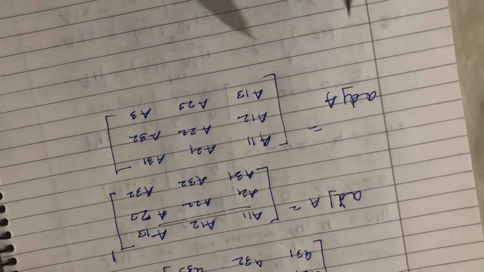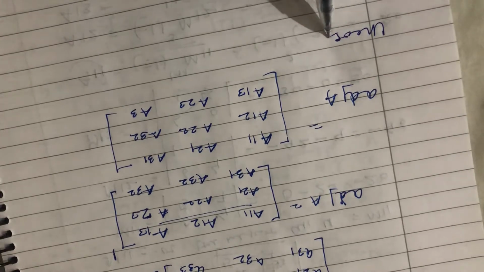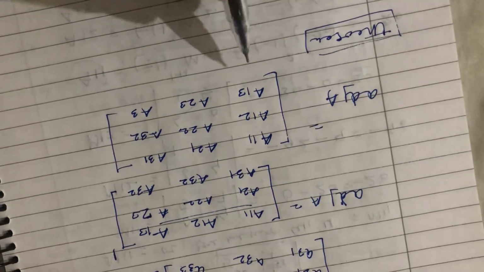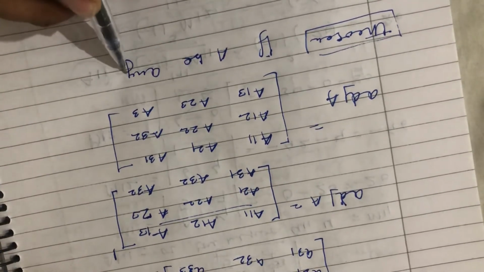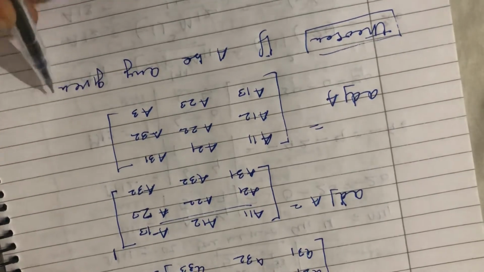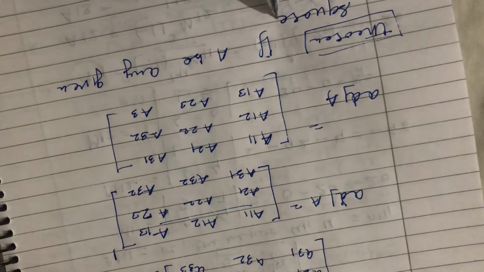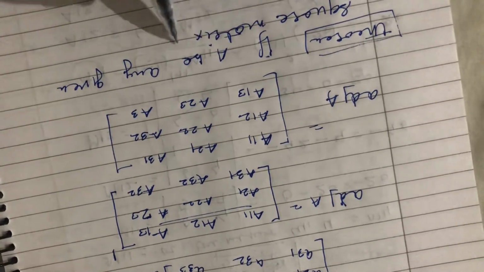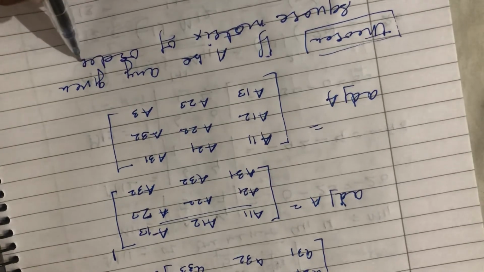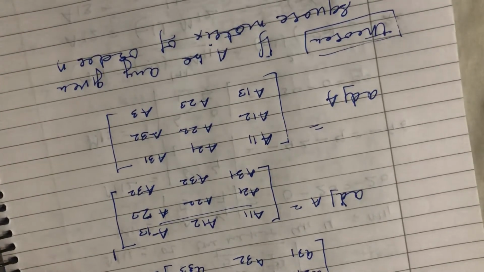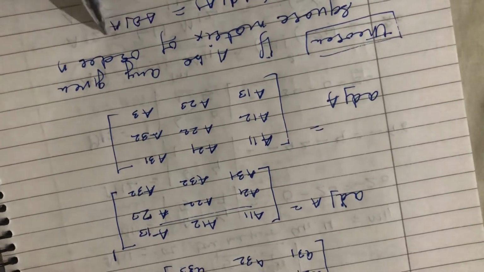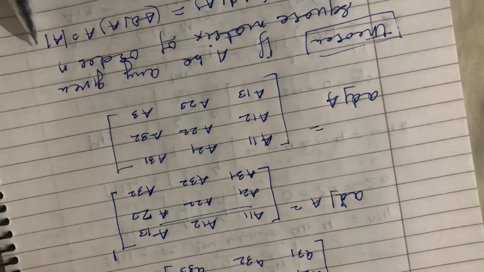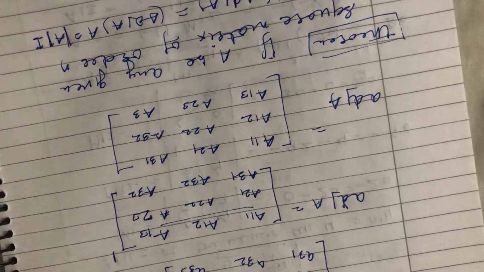After it we have a theorem. If A is any given square matrix of order n, then it is proved that A into adjoint of A is equal to adjoint of A into A, which is equal to determinant of A into I, where determinant of A is not equal to 0.